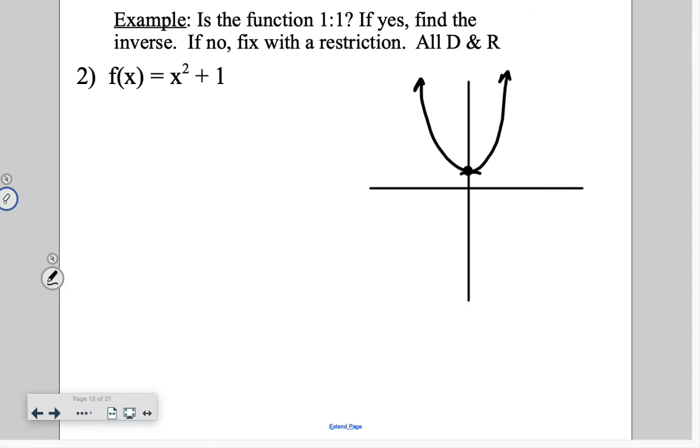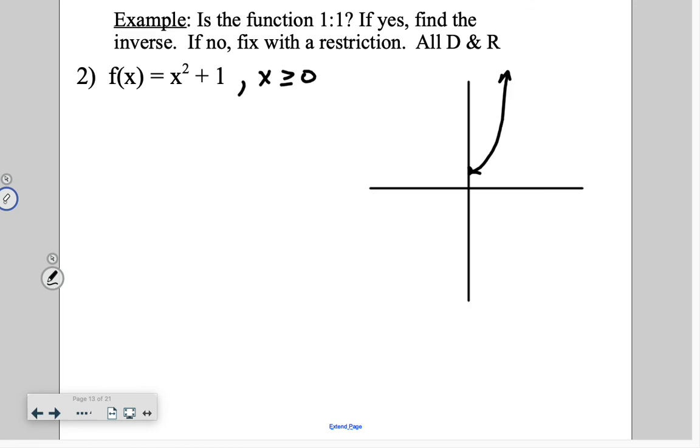So now, here's where we come up with some restrictions. How could I restrict that so that it would pass the horizontal line test? Alex? What if I did this? Now does it pass? Yes. X is greater than or equal to 0.